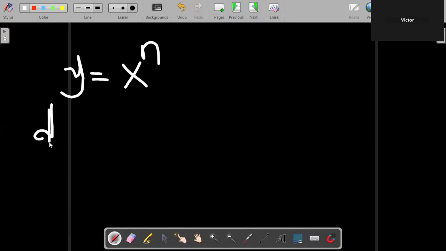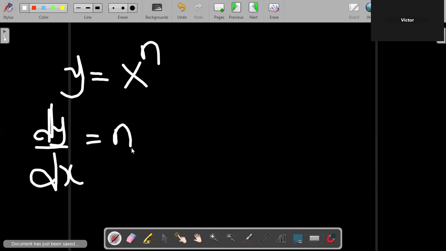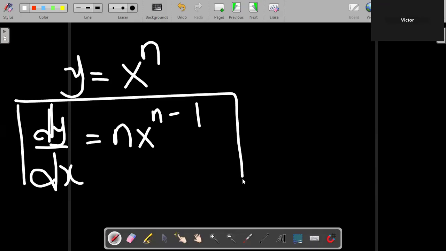It means that dy dx at the end of the day will give you n x to the n minus 1. So this is the formula of finding dy dx. Okay? Dy dx is n x to the n minus 1. Please take note.